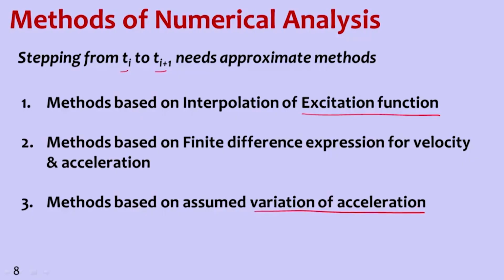In this class we have discussed the necessity of numerical methods. They are needed in two conditions: number one, when the force is random in nature; number two, when the system is non-linear.